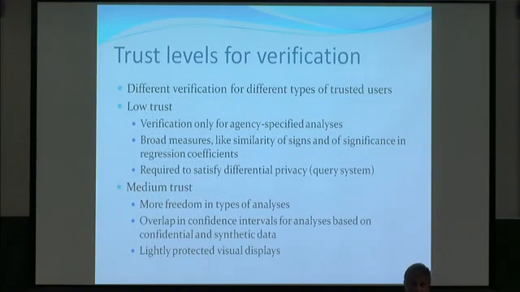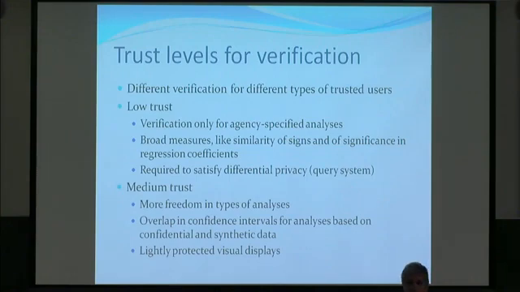We could imagine having different types of verification for different types of trusted users. We can imagine low-trust users, people who haven't been vetted somehow, and they would only be allowed to get verification for very specific analyses that are preset by the agency.